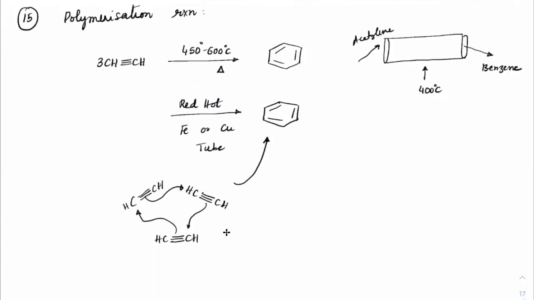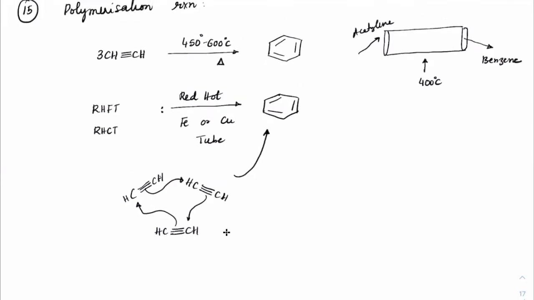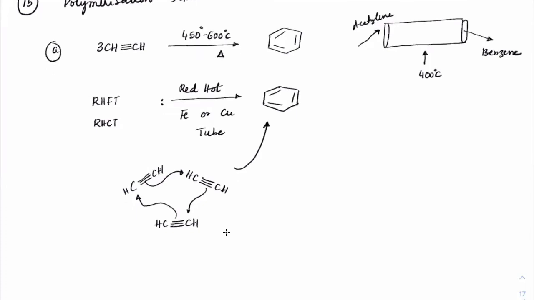This is one very, very important reaction. The short form used for this is RHFT or RHCT: red hot iron tube, red hot copper tube. So, done with the first reaction, everyone. Acetylene on heating with a red hot copper tube gives benzene.